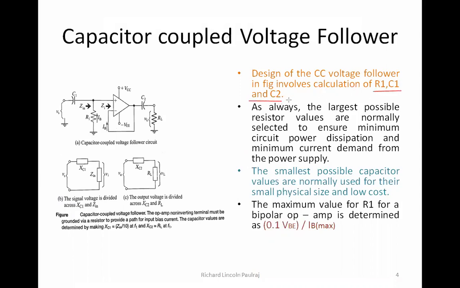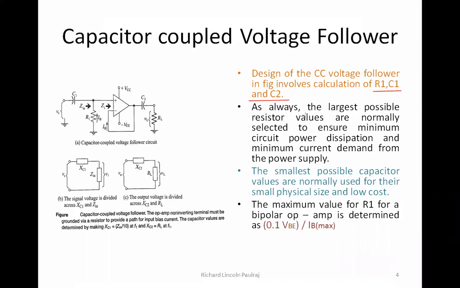Once we have these three values, it's going to be easy for us to design a capacitor coupled voltage follower. The reason we use a voltage follower is because whatever input voltage we give, the output follows the input.